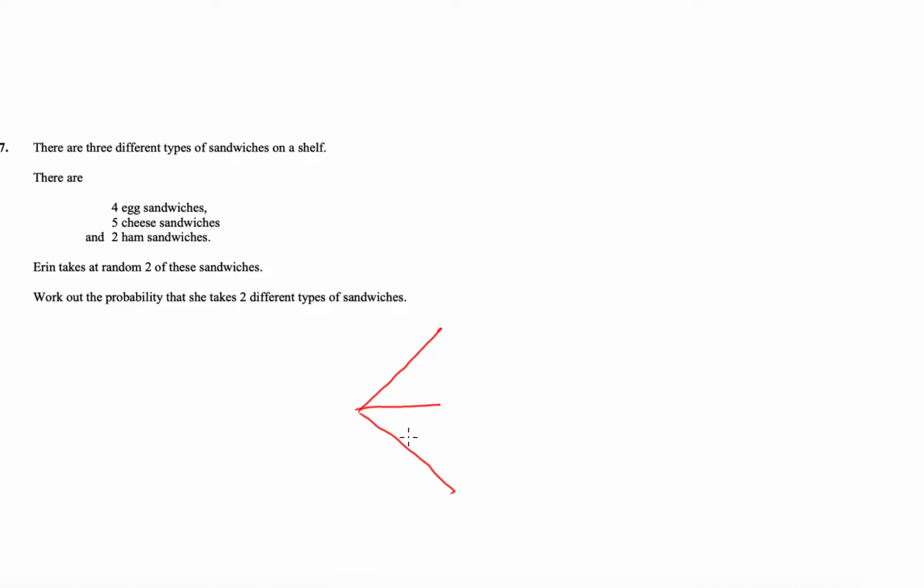So we have 3 options: egg, cheese, ham, for her first pick, and then for her second pick again she's got 3 options: egg, cheese, ham.